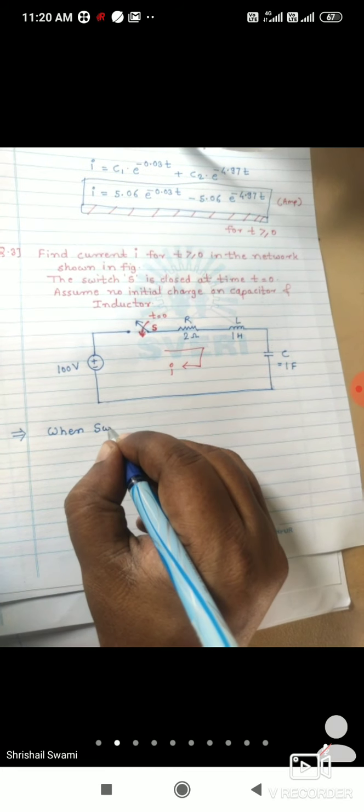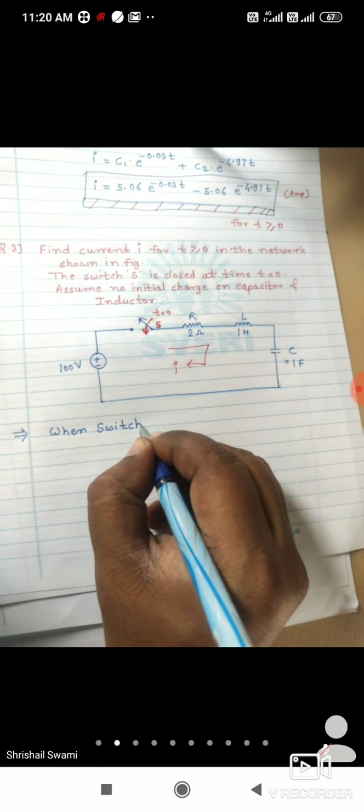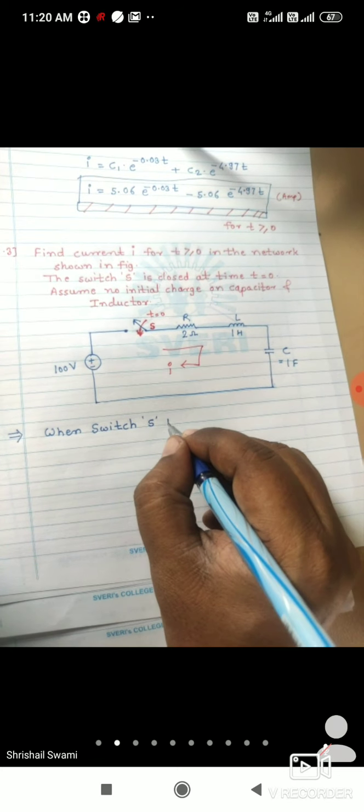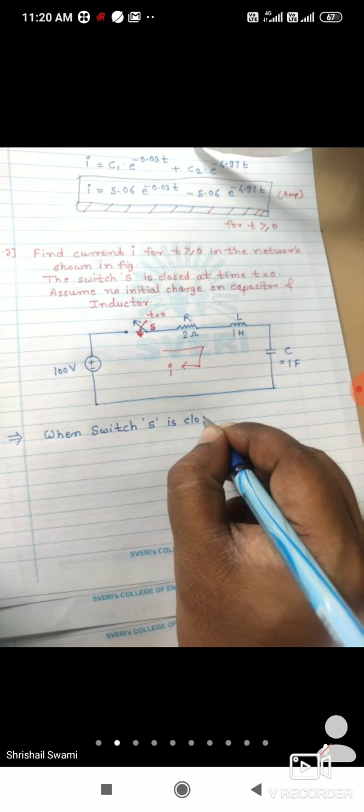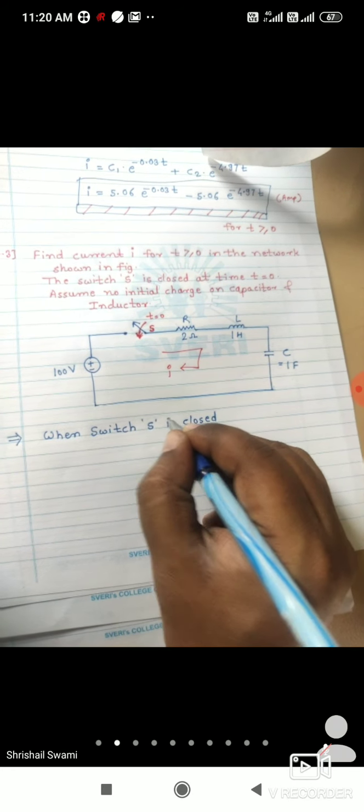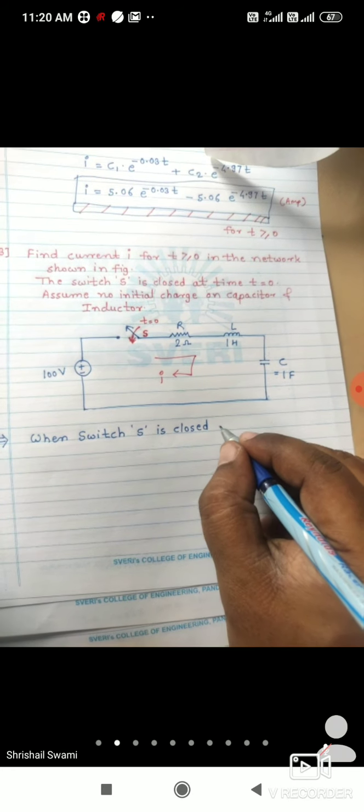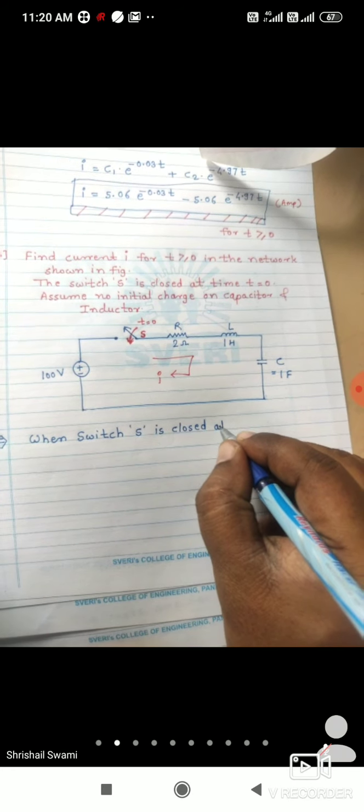When switch S is closed at t equal to 0. Okay, assume that switch is closed at t equal to 0. So according to that you can draw the diagram.